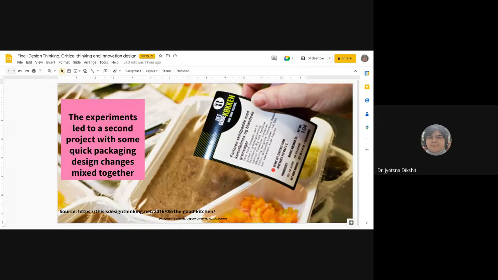So as you can see in the picture, these kinds of experiments actually led to another project which required design innovation in some quick packaging, some design changes, so that they could provide modular meals where components were separated instead of being mixed together as done in the earlier case.